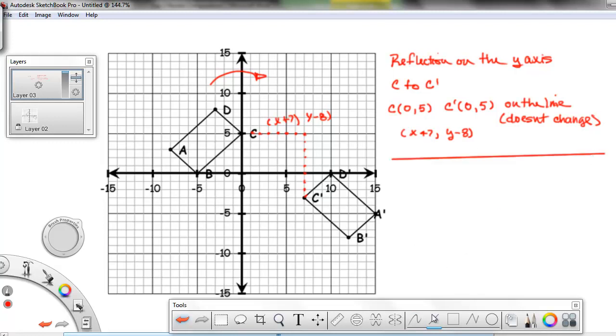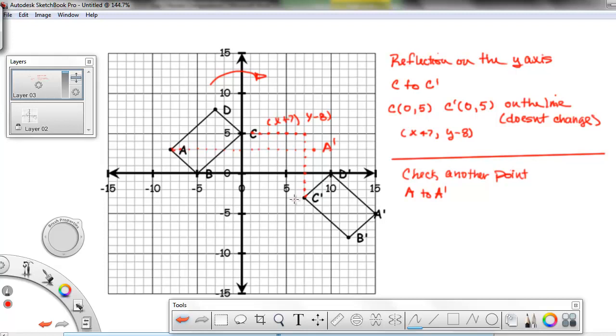Now let's check a second point. I think the next easiest point to check would be A. B would be easy too, but that's just the one I'm going to choose. So let's check A to A prime. A is 8 from the line of reflection, the y-axis, so it'll flip around to the other side.